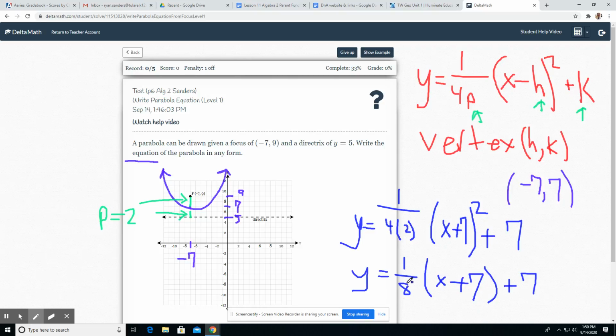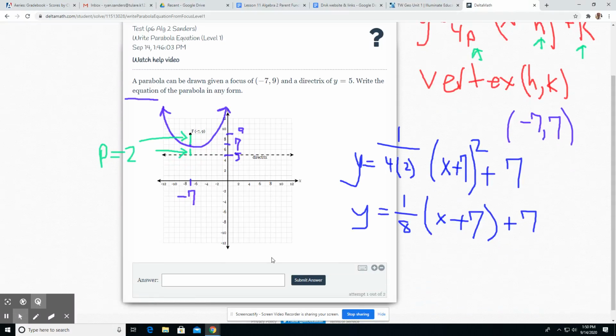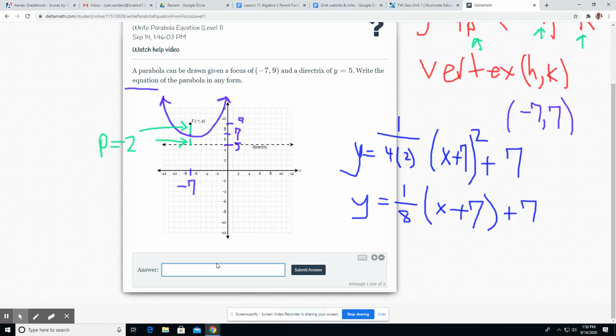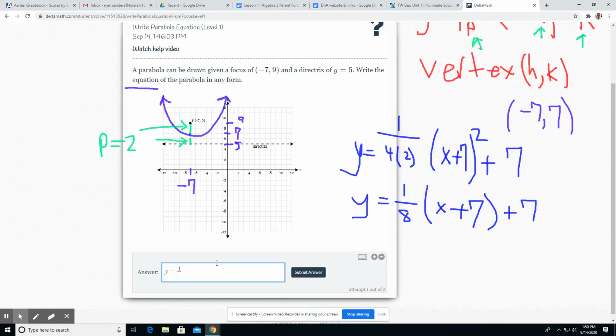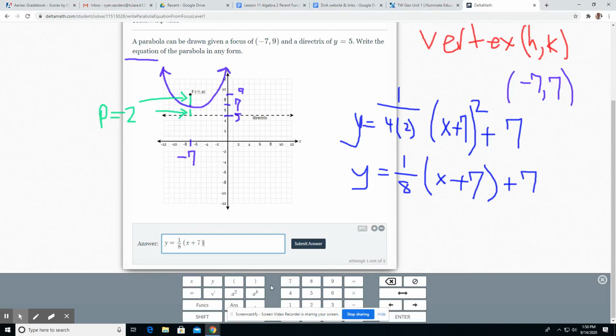All right, I believe that 1 over 8 makes it a little bit wider than our normal x squared equation. All right, so let's go ahead and plug everything in and see how we did. All right, y equals 1 divided by 8, parenthesis, x plus 7. And do we have a way of squaring that? Let's see. There it is right there.